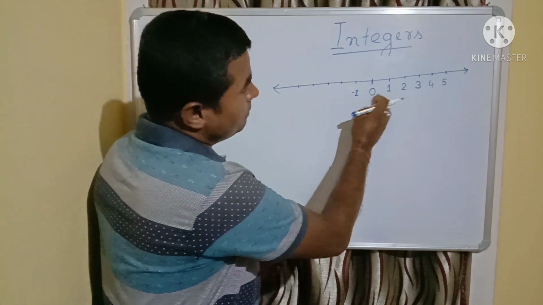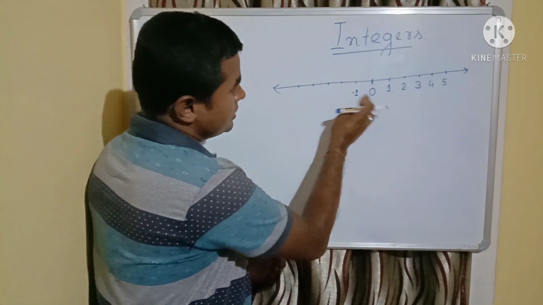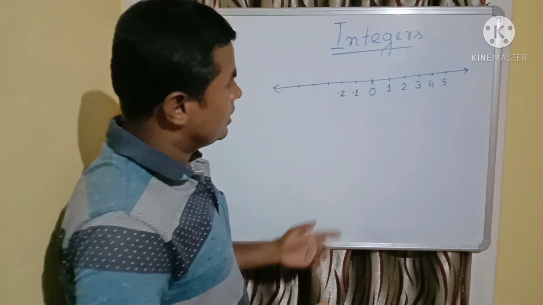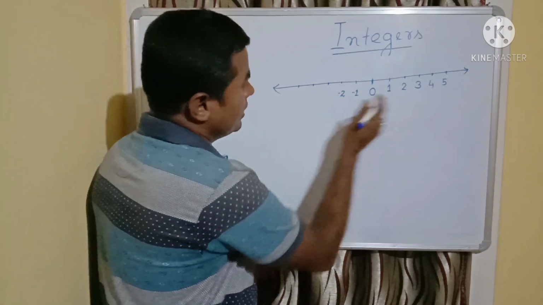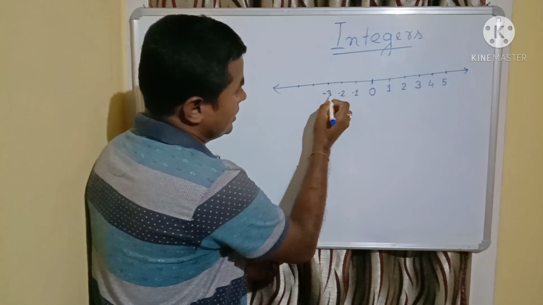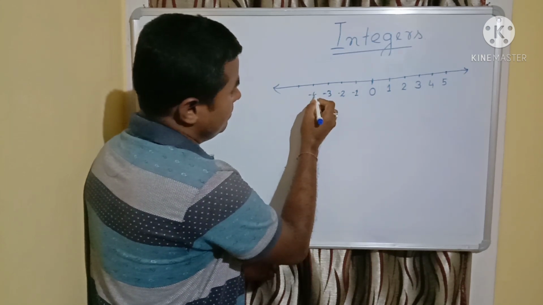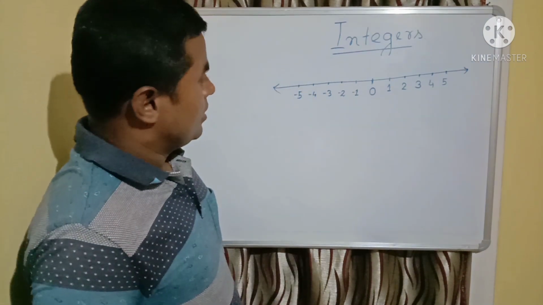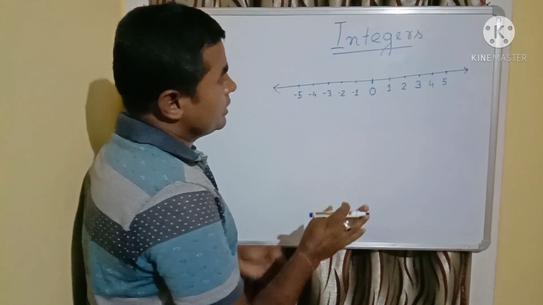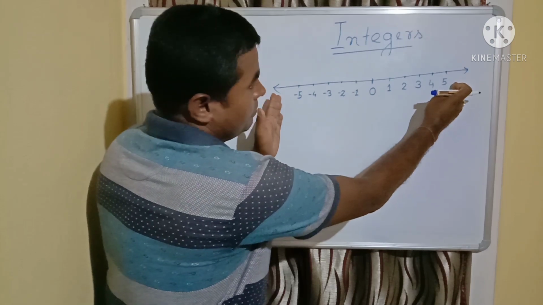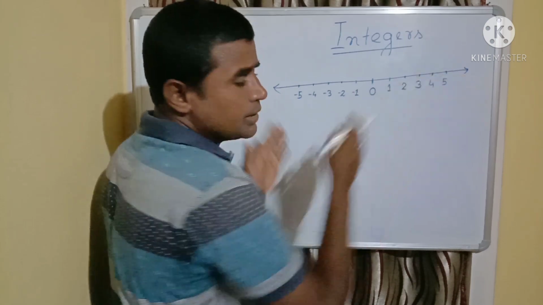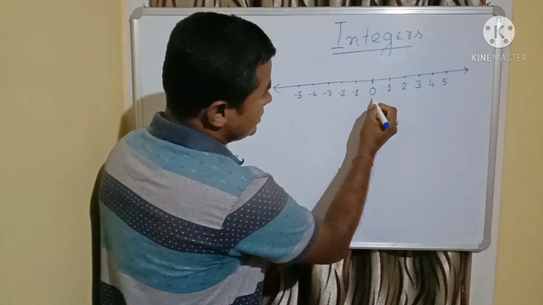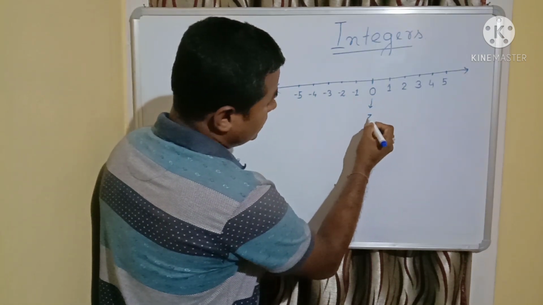Then 2 on the right, minus 2 on the left. Then 3 and minus 3, then minus 4, then minus 5. In this number line, all these are integers.